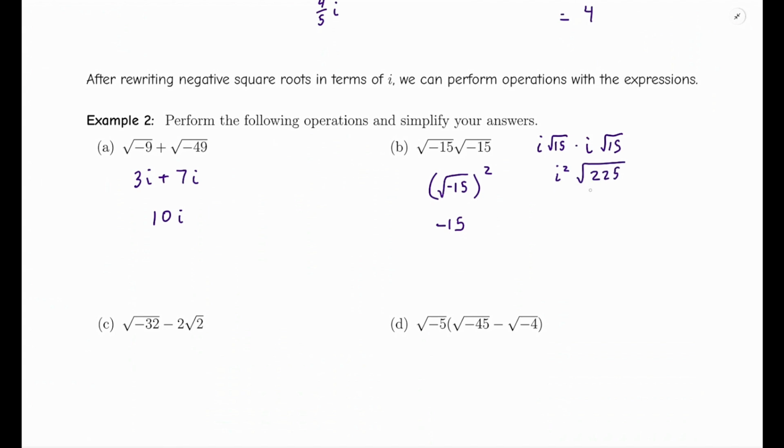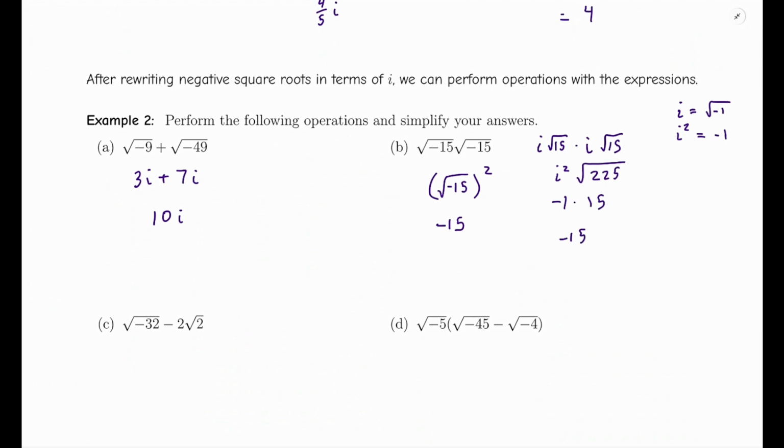I squared, then we have to think, well, if i is the square root of negative 1, then i squared would be the square of that, so negative 1. So this becomes negative 1 times, and the square root of 225 is 15, and you get negative 15.